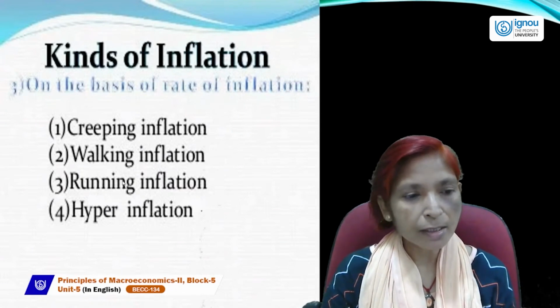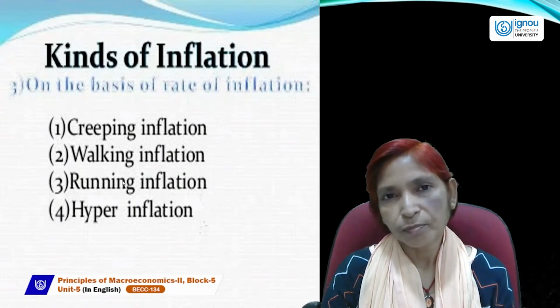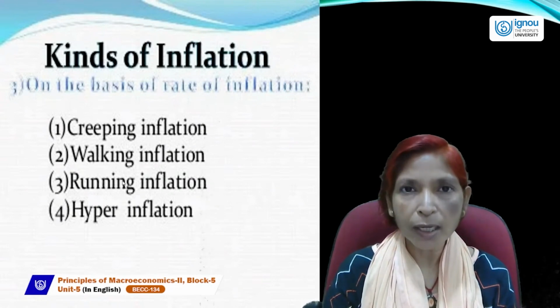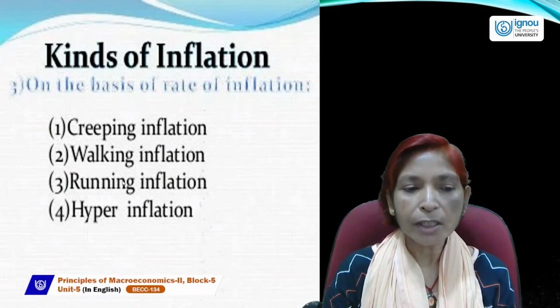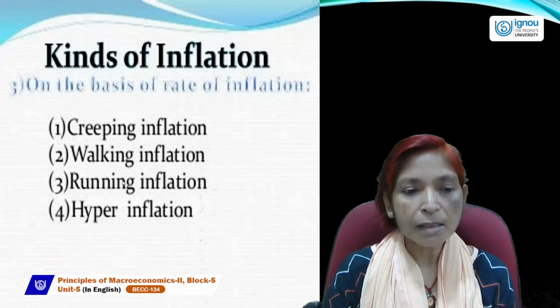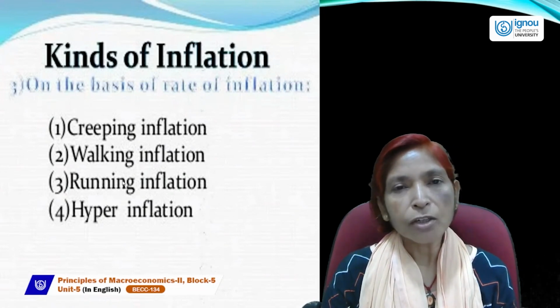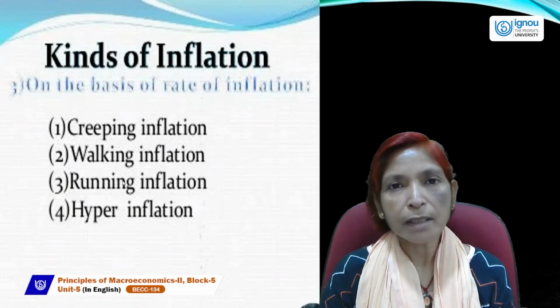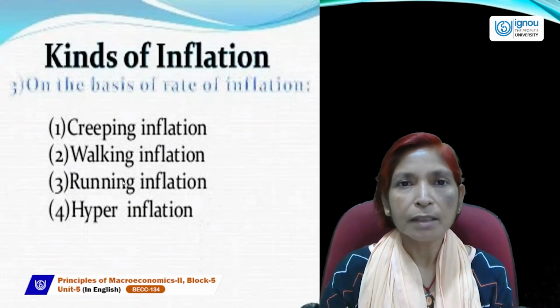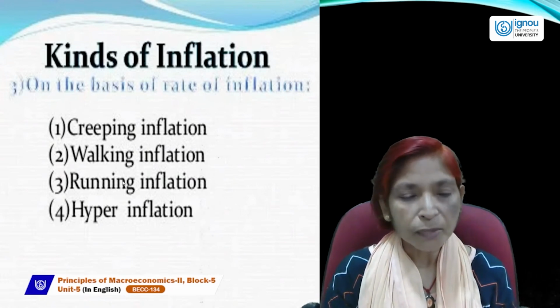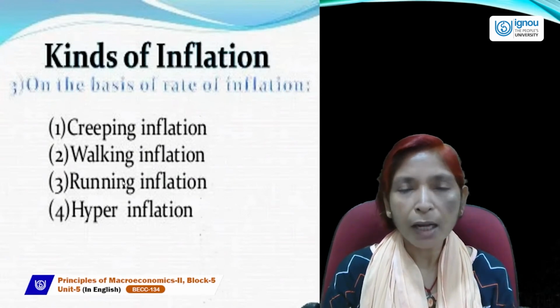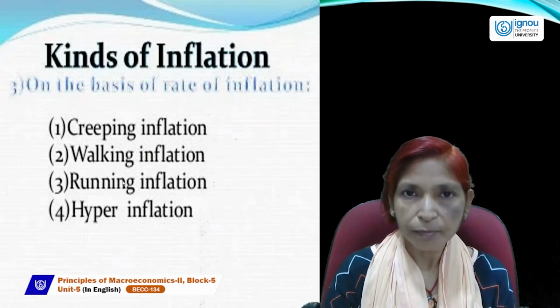Third situation is running inflation. This situation is also known as galloping inflation. When the inflation rate increases at the rate of 10% to 12%, or if the inflation rate reaches a two-digit level, this situation is known as running inflation.